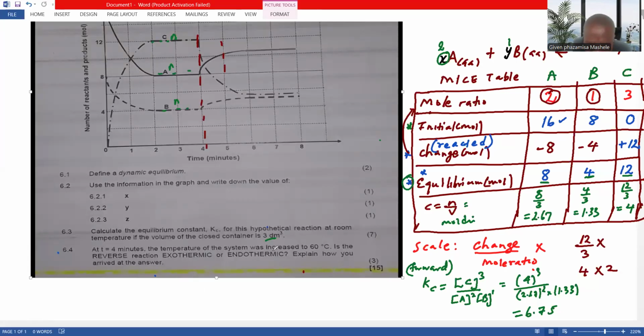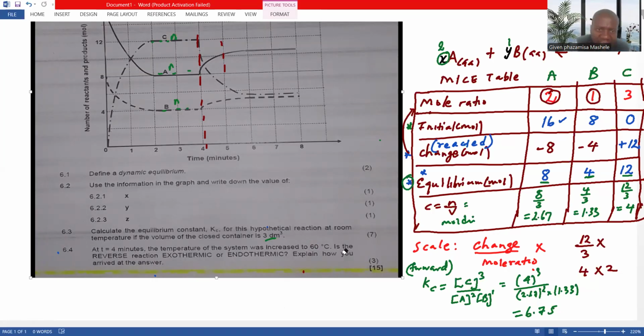And we know very well that when you increase temperature, you'll always favor the endothermic reaction, according to Le Chatelier's principle. So here the question says, is the reverse reaction exo or endothermic? Explain how you arrived at the answer.